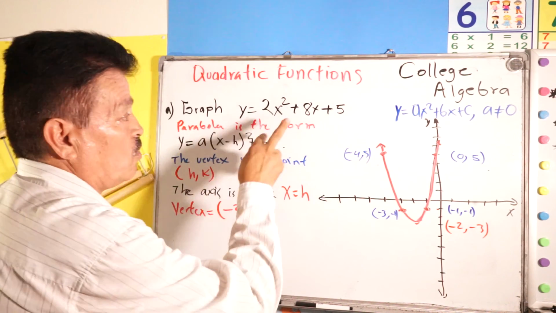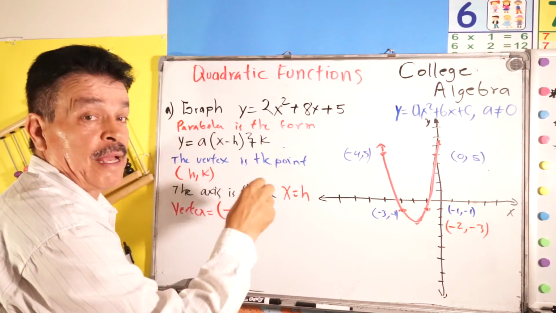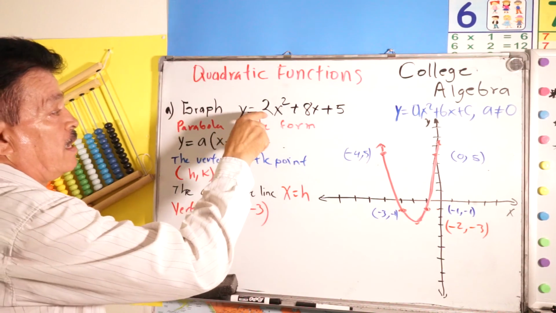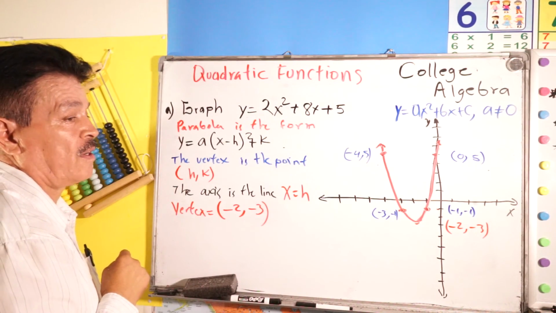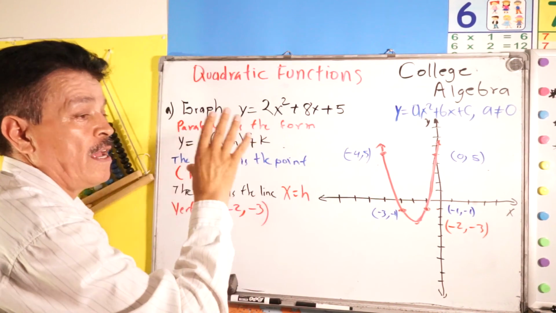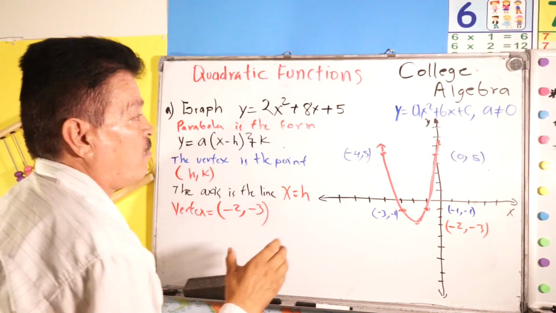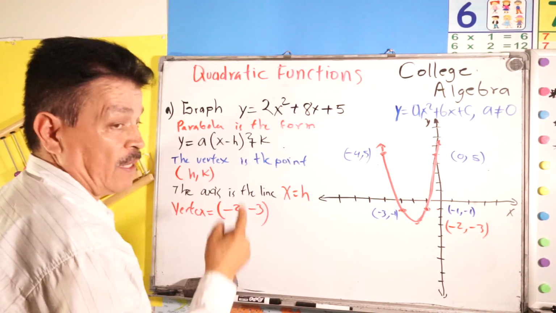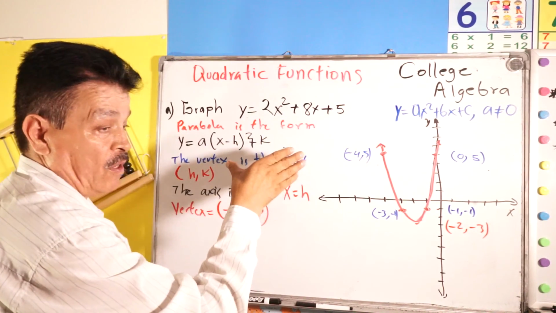Remember, we have to change this function by completing the square. This equation right here is special. We need to change it to the special form by completing the square. I did that in the process before.